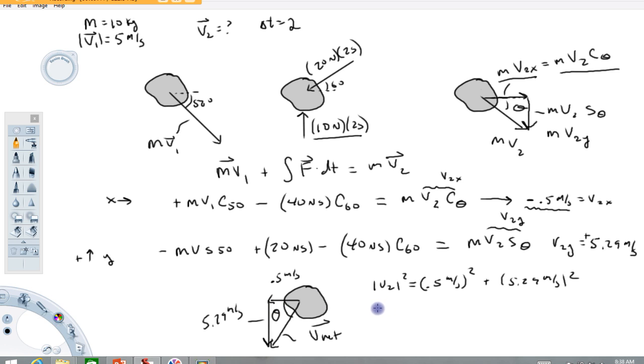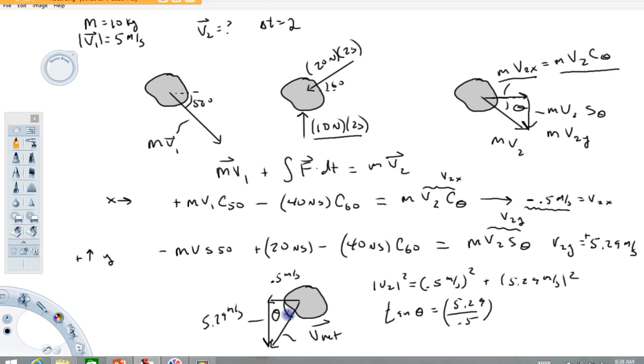This angle theta can be found using any trig function you want, but the gold standard is to use the tangent function. The tangent of the angle theta is going to equal 5.29 over 0.5. So theta is going to be the inverse tangent of this ratio. When I find angles, don't worry about left and down and using minus signs. I've got a right angle, so I'm going to get some number between 0 and 90. That will be the angle between the negative x-axis and v2.